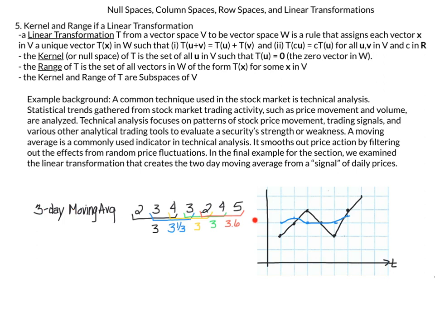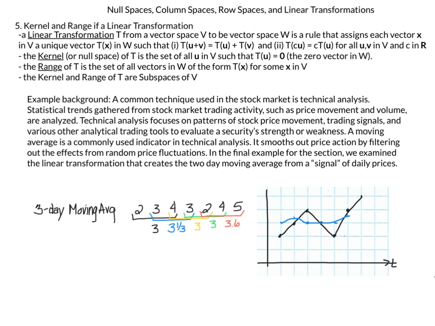So I have an example of a 3-day moving average. So this is day 1, 2, 3, 4, 5, 6, 7, and the prices are 2, 3, 4, 3, 2, 4, 5. So I plotted them in black. So day 1, it's 2, day 2 is 3, day 3 is 4, it comes back down to 3, then 2, then 4, and 5.